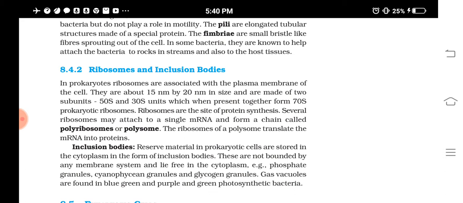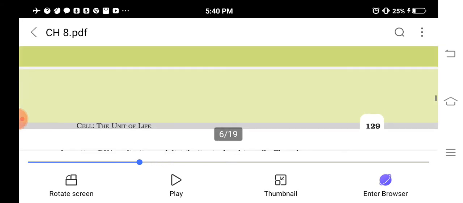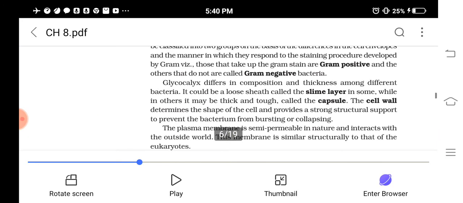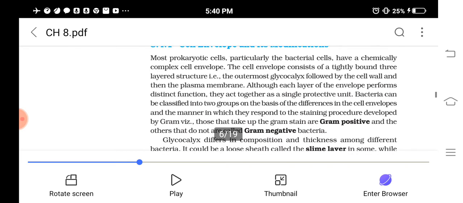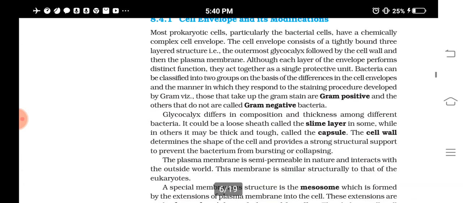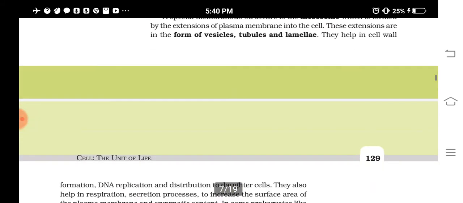When you see the protective layers, I told you the glycocalyx is there, made up of different types of chemicals. When we do the gram staining process, if they retain the gram stain, it is known as gram positive bacteria, and if they do not retain the color of the gram staining process, then it is gram negative bacteria.